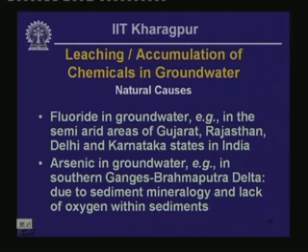The major causes for both of these chemical species found in groundwater are natural causes. We are going to look at the details of these things in the next little bit.